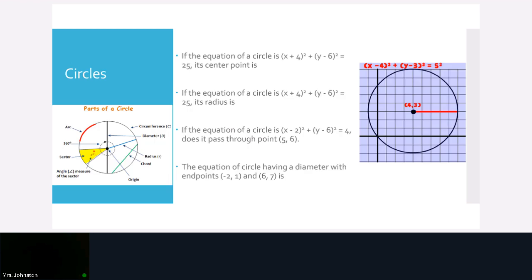We can see circles on coordinate planes as well, because a circle is defined as all of the points that are equidistant from a single point.